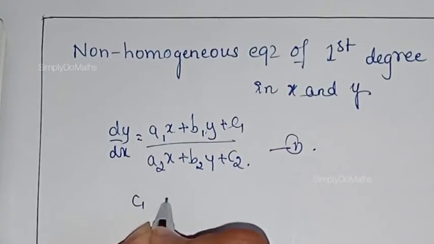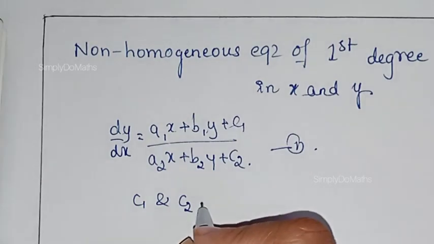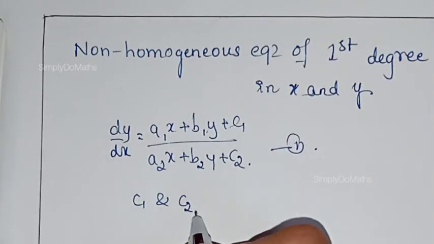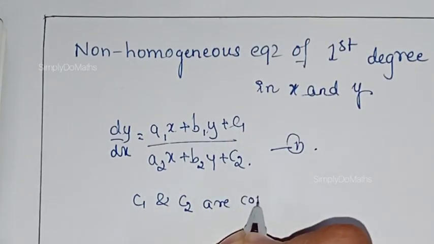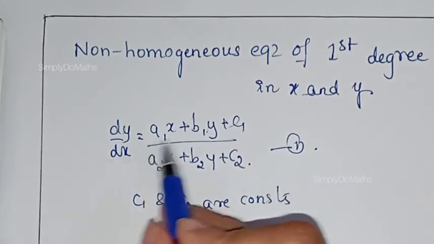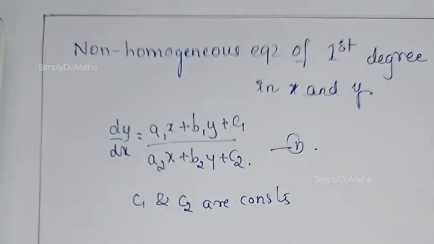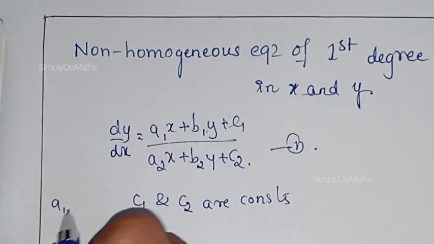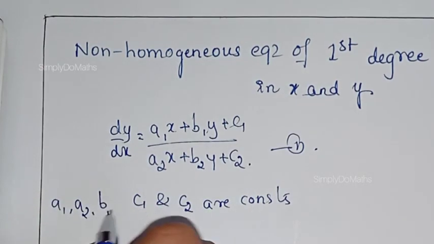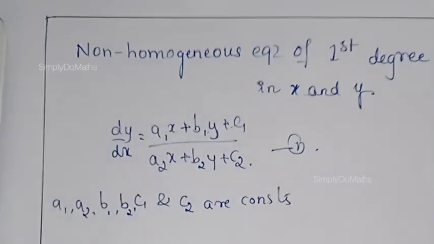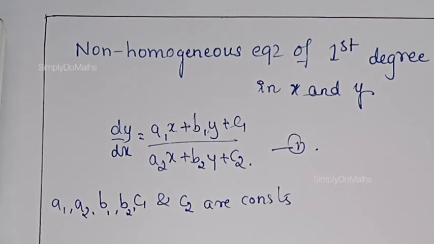Here c1 and c2 are constants. Again, a1, b1, a2, b2 are also constants. We have to make this equation a homogeneous equation by using the following method.